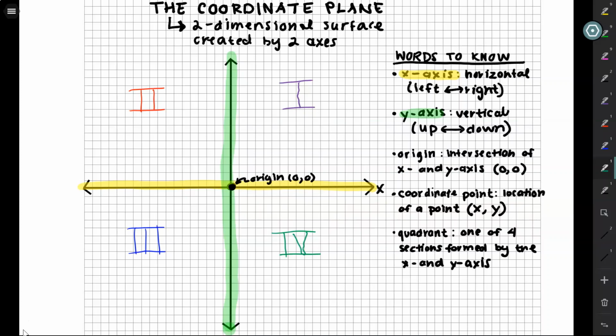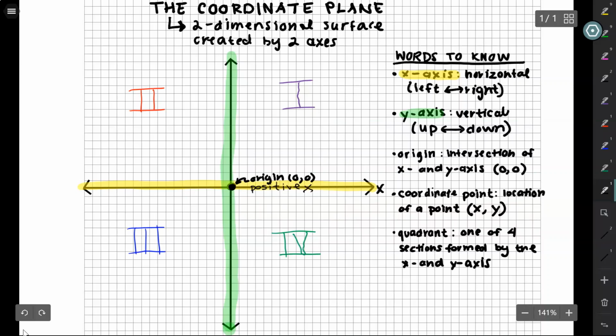Alright, so before we get into that, we want to figure out where our positives and our negatives are. If we're to the right of the origin, this whole side is positive for our x's.